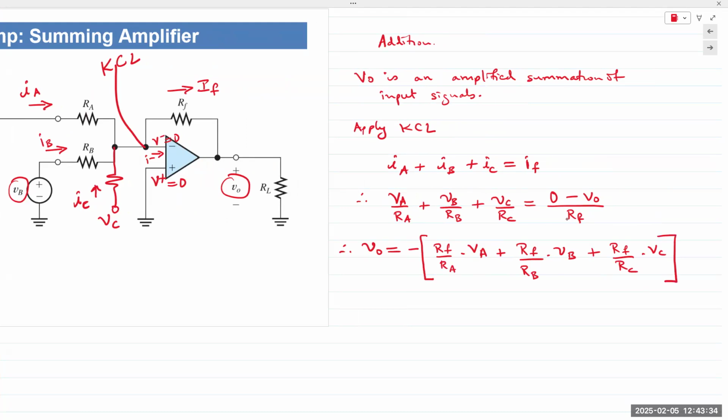If you choose all resistor values to be the same, RA, RB, and RC are equal, meaning every single input that's coming is amplified in equal amounts, then the result is a sum of the input signals.